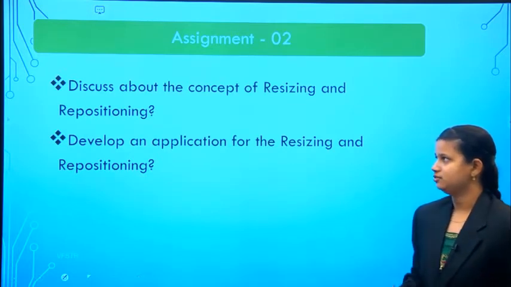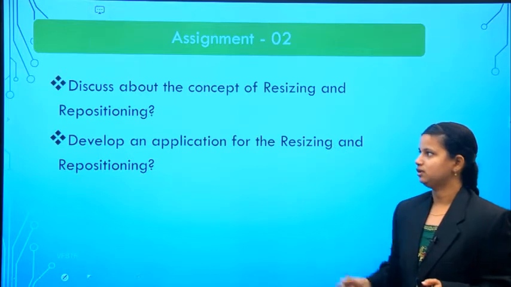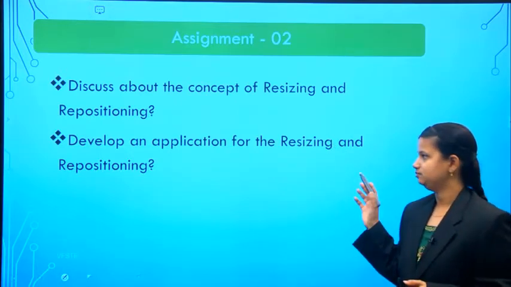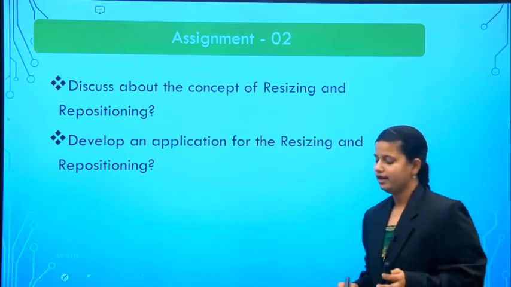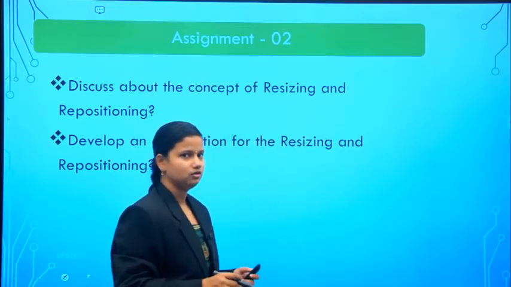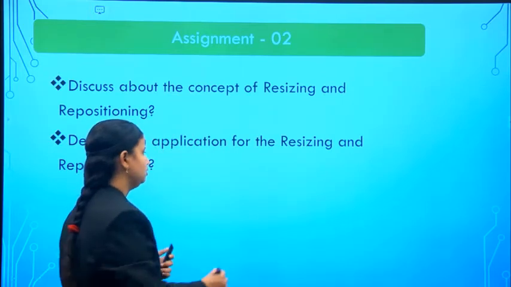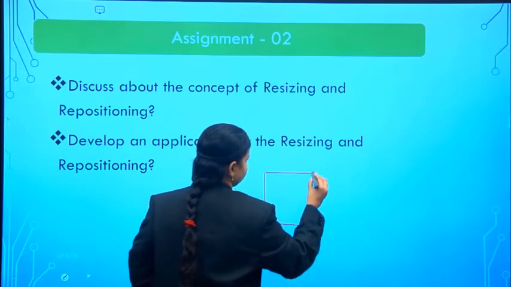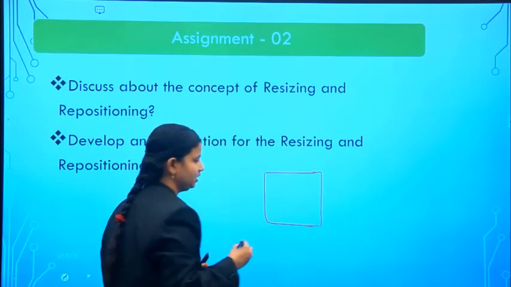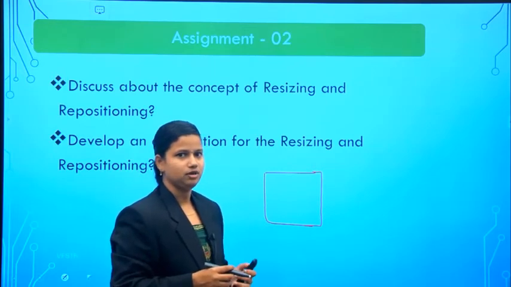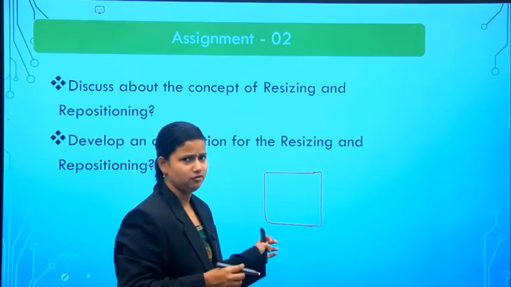So the assignment question for this topic: discuss the concept of resizing and repositioning and develop an application with resizing and repositioning. And before the closing of this session, I want to go through one example. While using a linear layout, absolute layout, or table layout, different layouts are suitable for this.